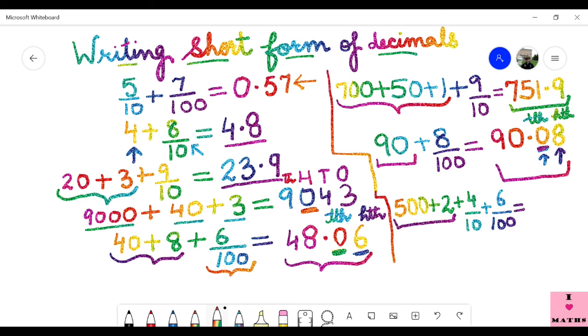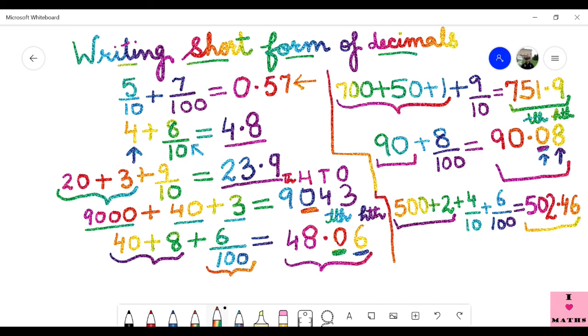So 500 plus 2 will give us 502, which will be written to the left of the decimal. 4 will be at the 10th place and 6 will be at the 100th place. So our answer would be 502.46.